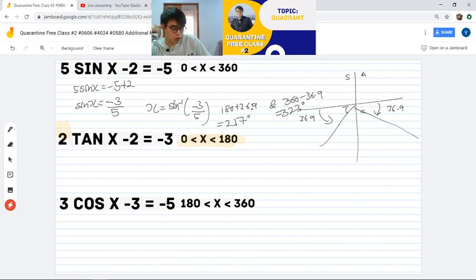So your working should be as above. So we've gotten 2 tangent x equals -1, tangent x equals -1/2. So x equals tangent inverse of -1/2.